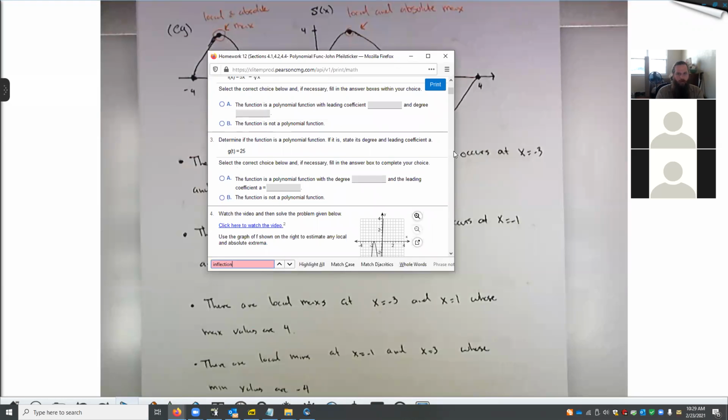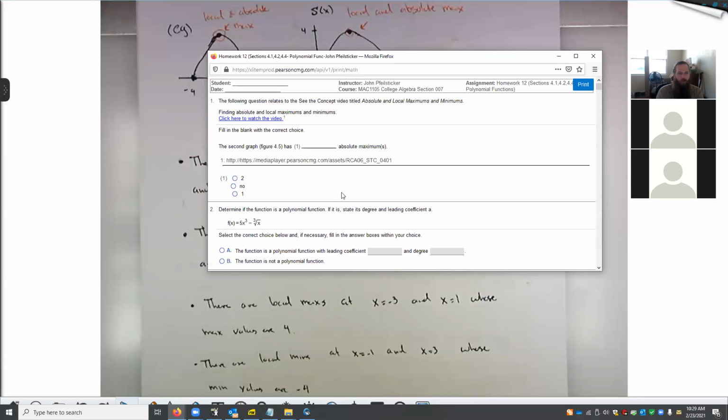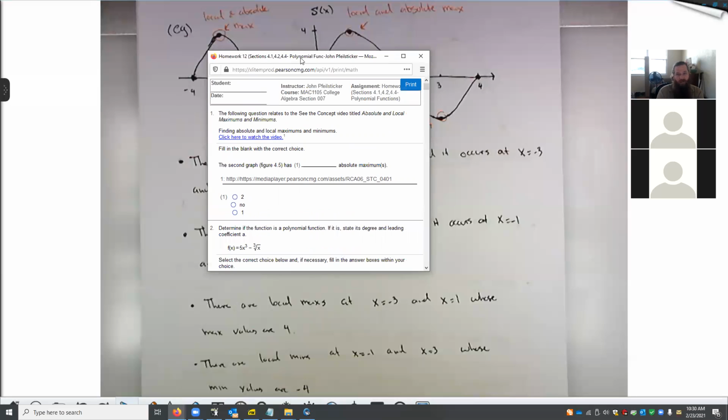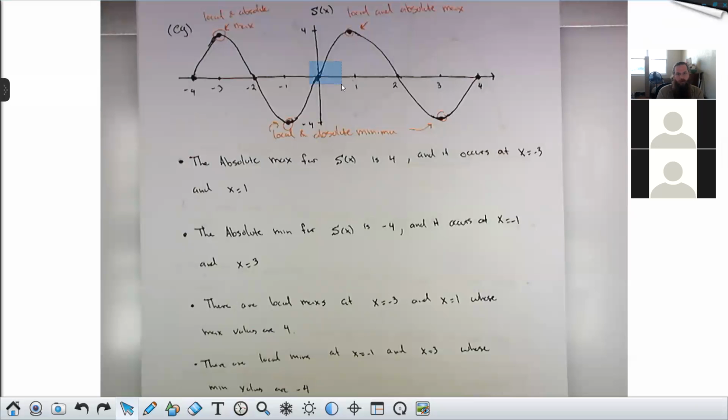The textbook mentions inflection points, but I don't think we hold you responsible for that in this section. An inflection point is a place where curvature changes, and that's not something that is really appropriate to discuss in college algebra. Technically, this is an inflection point. This is an inflection point. This is an inflection point. But we'll talk about that after you guys have a little bit of calculus under your belt. We'll come back and talk about inflection points in Calc 1. Don't worry about those for now.